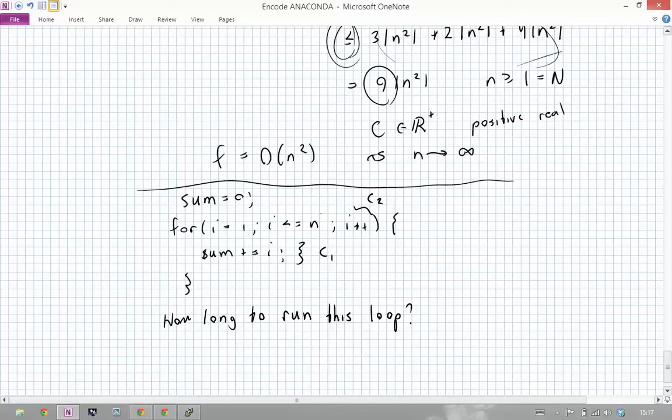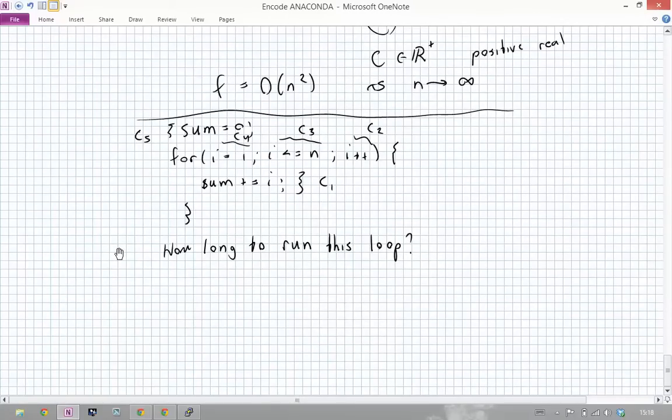Yeah, the check. That's C3 time to do that. And we assume that those times are about the same no matter what the values of sum and i and n are. That's a fairly safe assumption. And then there's this assignment that also takes a little bit of time. Sure, we could throw that in there too. So C5.